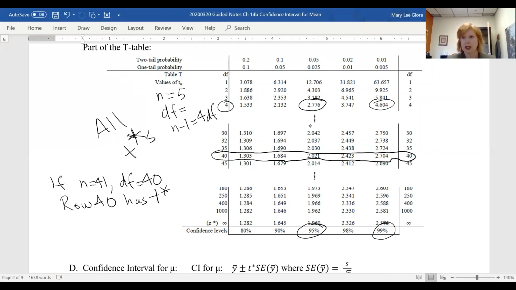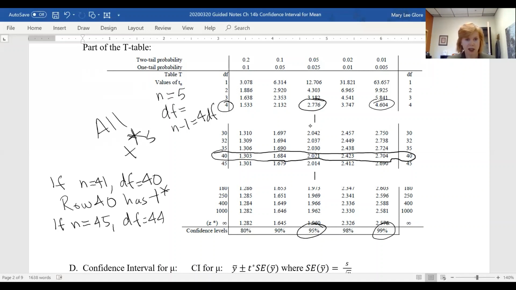All right. Let's say that n had 45 people in it. All right, so my degrees of freedom are 44. And I go to the table. Well, there's not a 44. I have a row for 40 degrees of freedom, and I have a row for 45 degrees of freedom. No 44.